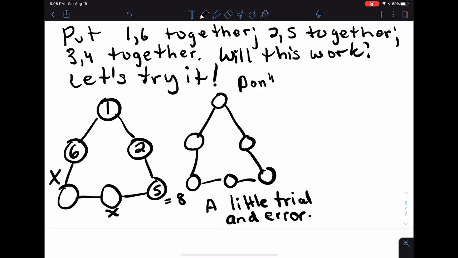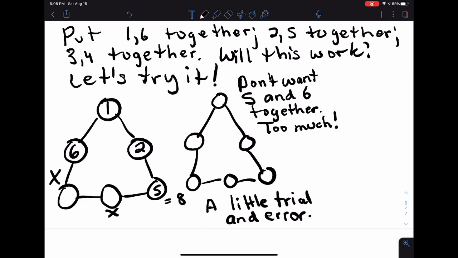I don't want 5 and 6 together. Too much. Okay, so if I left 1 there, maybe if I put 6 and 5 like this. Okay.